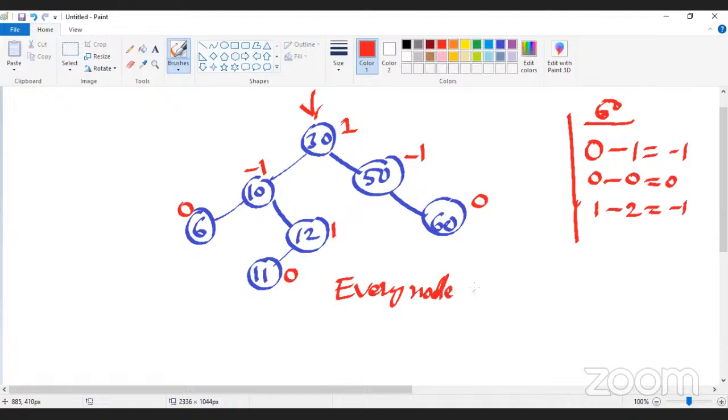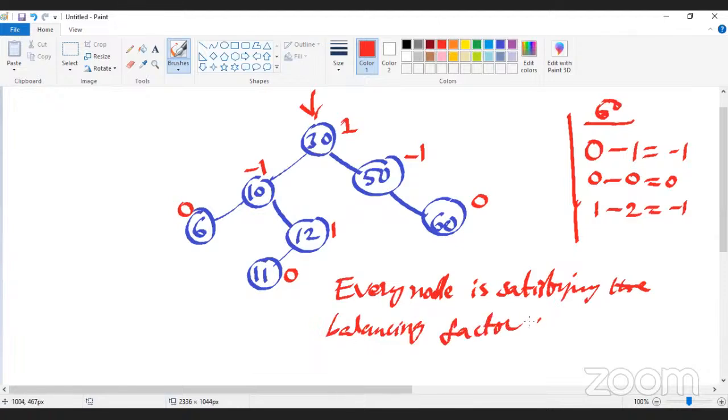So every node in this tree is satisfying the balancing factor criteria of an AVL tree.